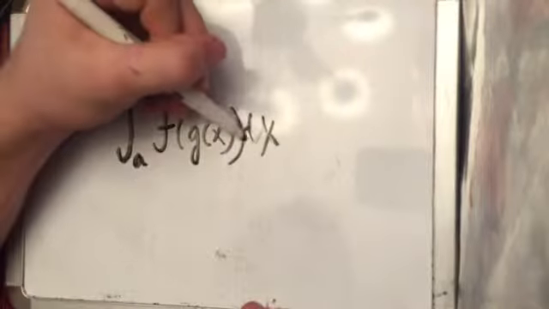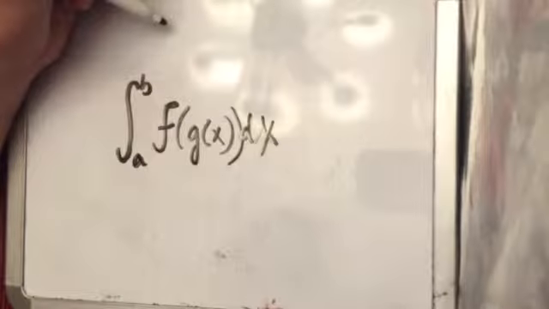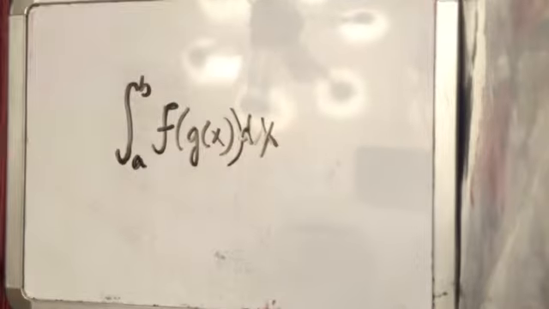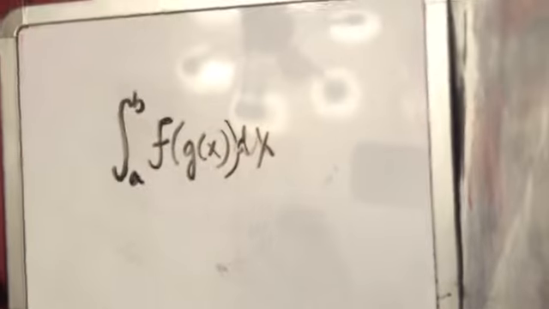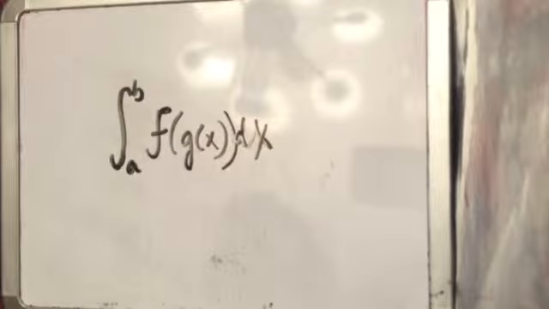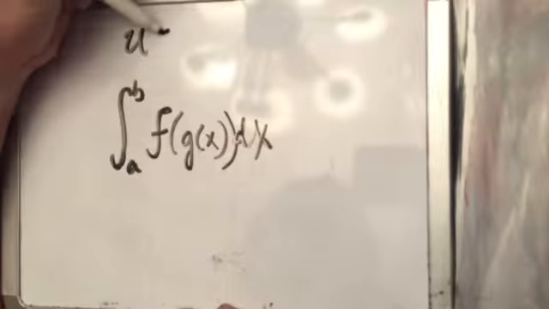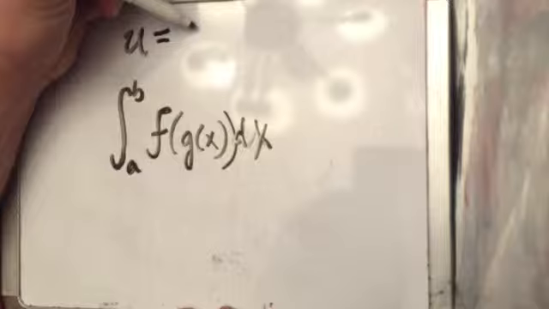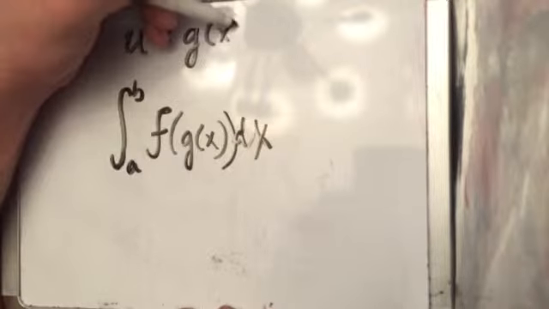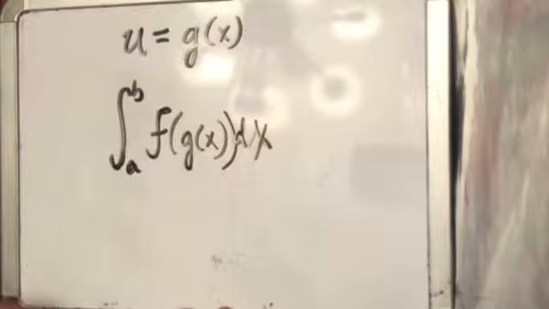So first you're going to want to choose whatever you want to substitute, by setting u equal to the inner function, so u equals g of x.